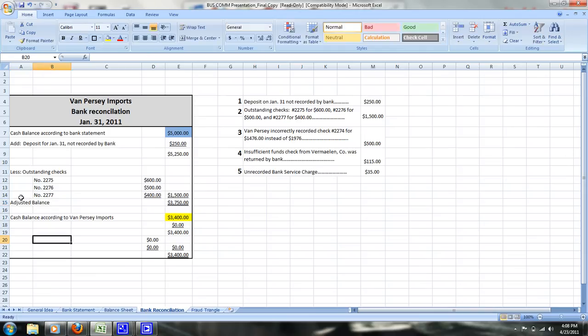When we do the same thing for the company side, we make our adjustments. It should equal $3,750. Now we're going to look at our next one. We incorrectly recorded a check for $1,476 instead of $1,976. So we're going to have to add that $500 because we recorded it for too little in our general ledger.